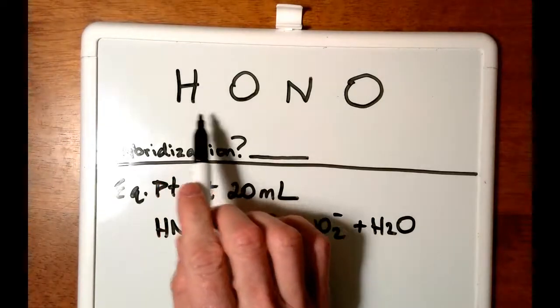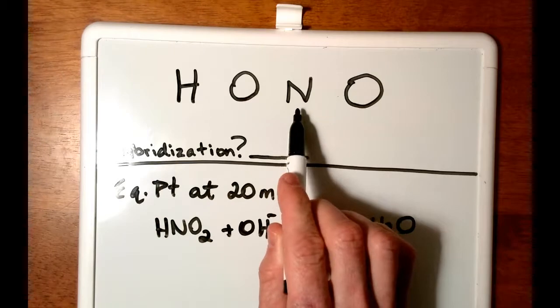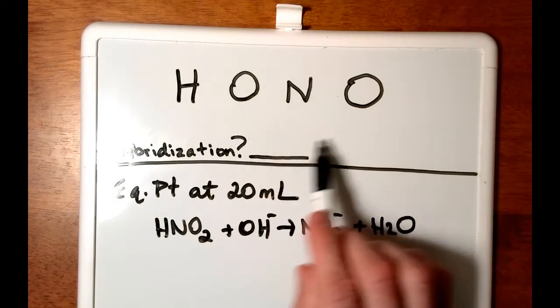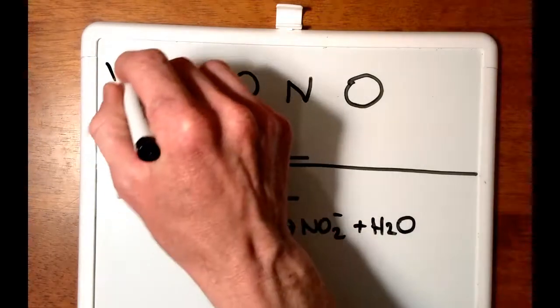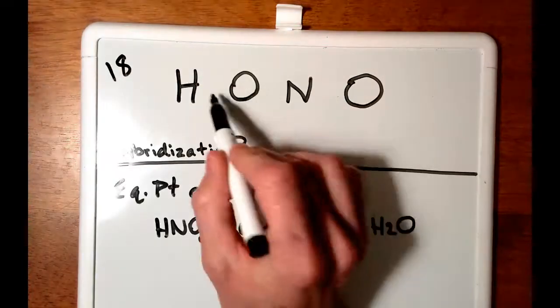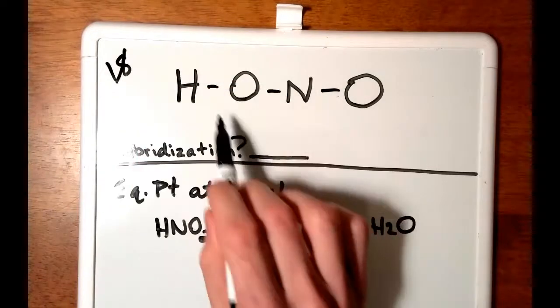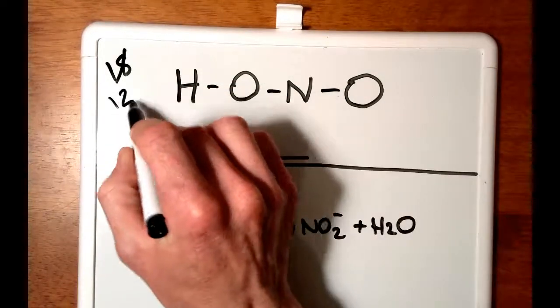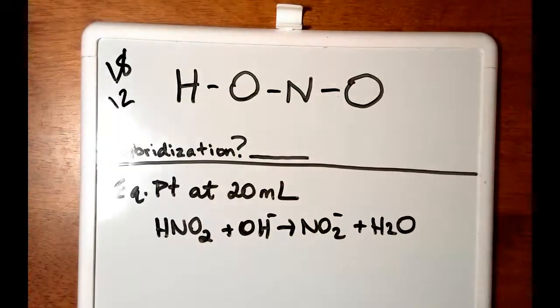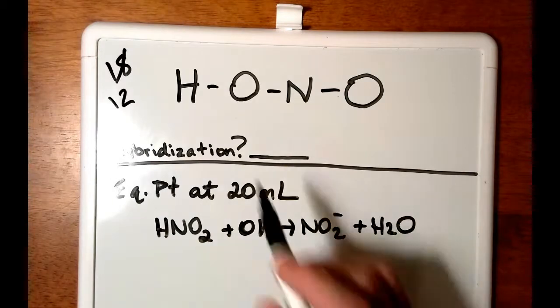1 valence electron, plus 5 is 6, plus 6 is 12, plus 6, we're looking at 18 valence electrons available. We always start with single bonds, so 2, 4, 6, we're down to 12. Make the outside or terminal atoms happy first.